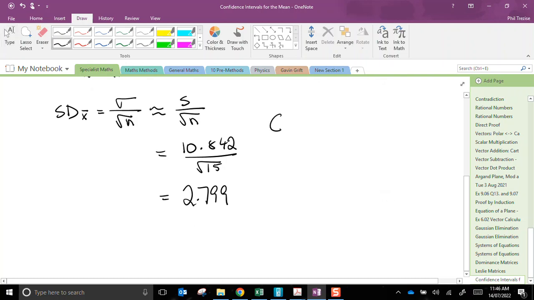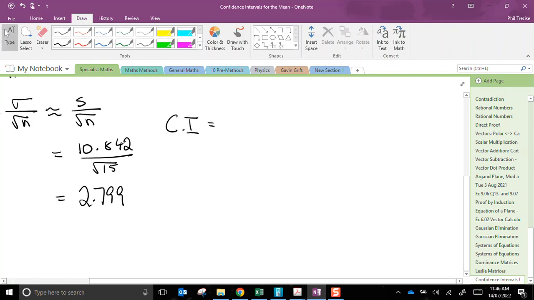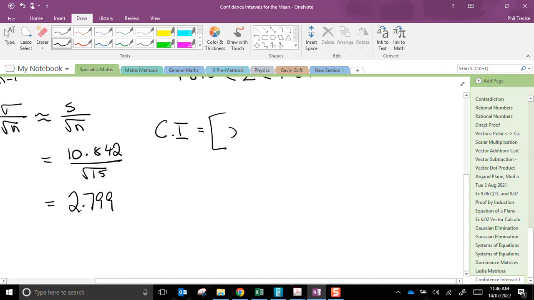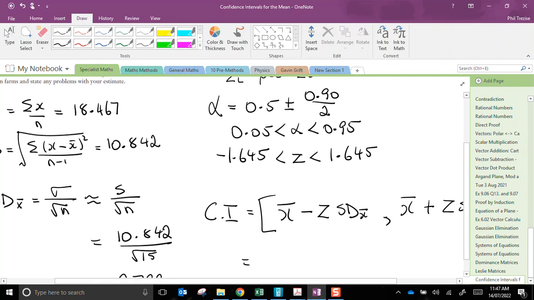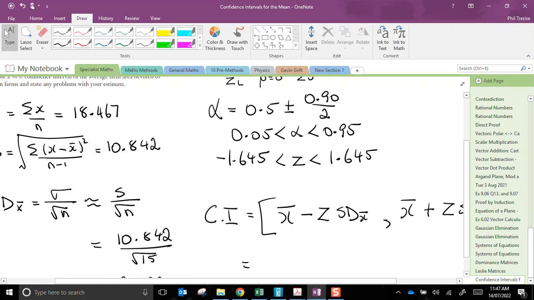So the confidence interval equals, we'll have the mean, we will subtract the lower z-score multiplied by the standard deviation of the mean, then we'll do the opposite. We'll take the mean and we will add the upper z-score multiplied by the standard deviation of the mean. So what was our mean? Our mean was 18.467.